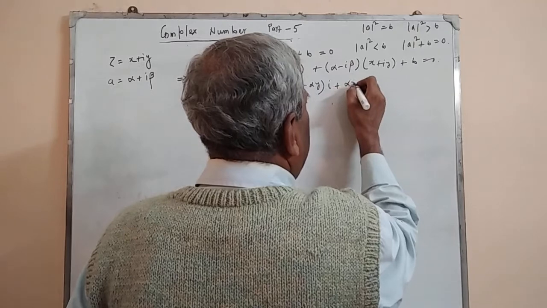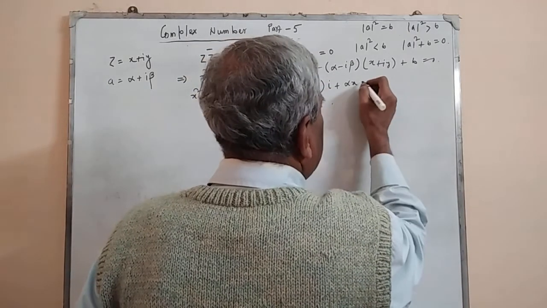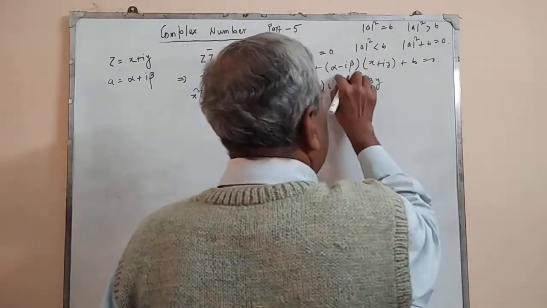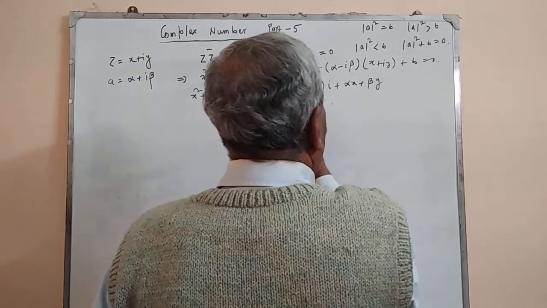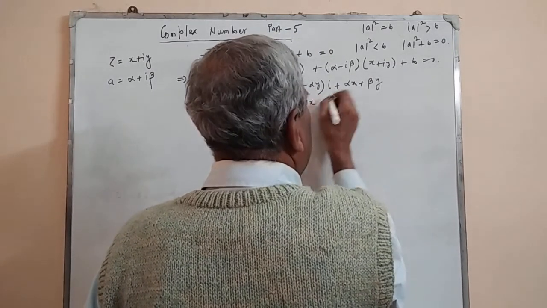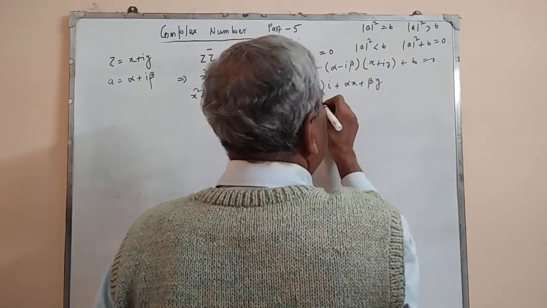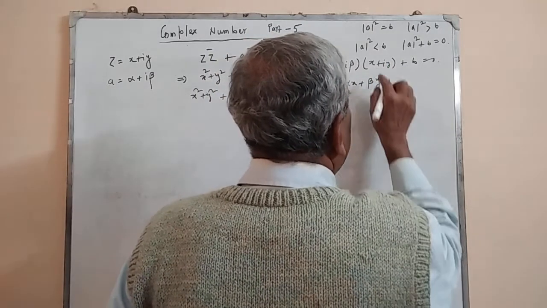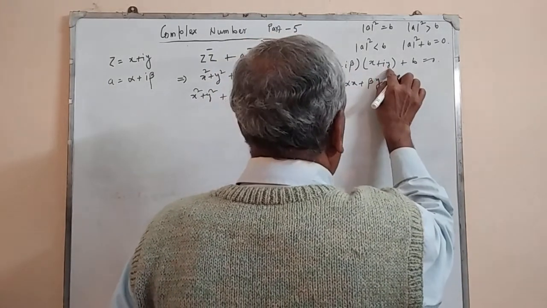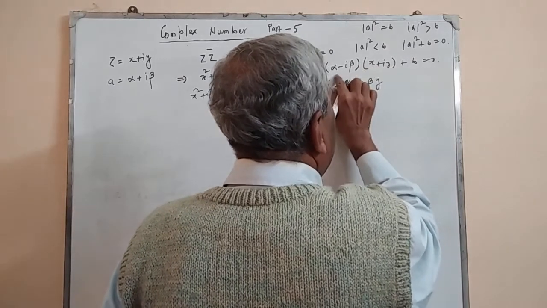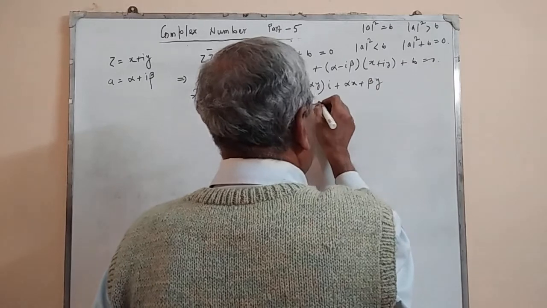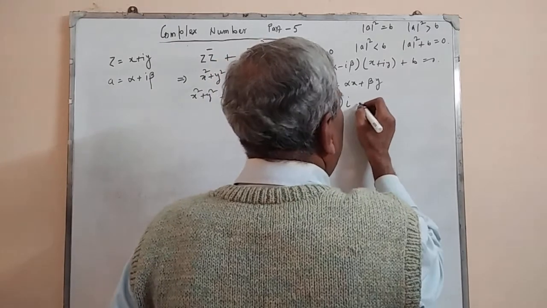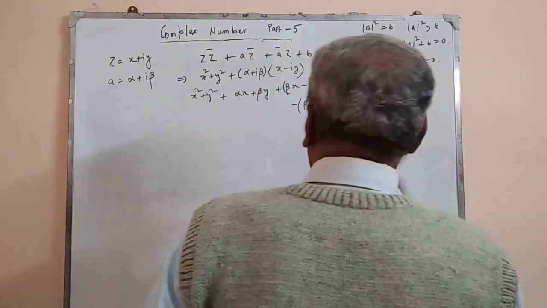Then plus alpha x plus beta y. Its imaginary part is minus beta x into i, plus alpha y into i, positive sign, and plus b is equal to 0.